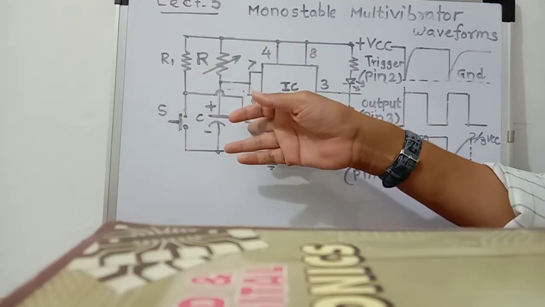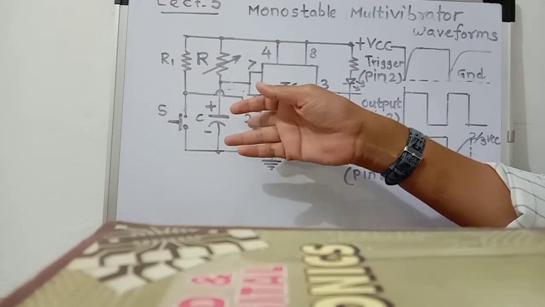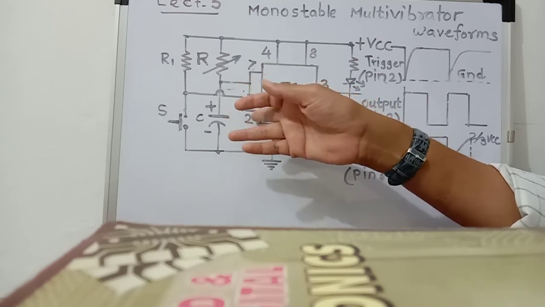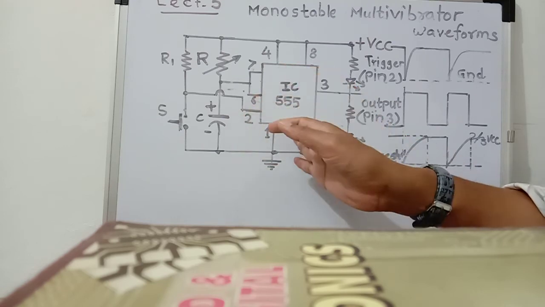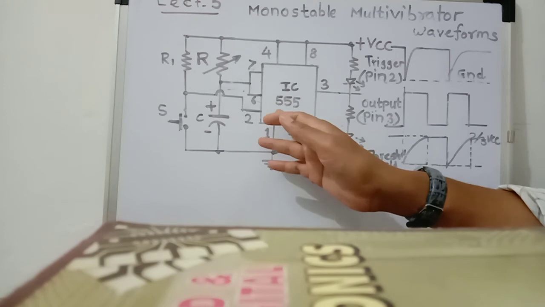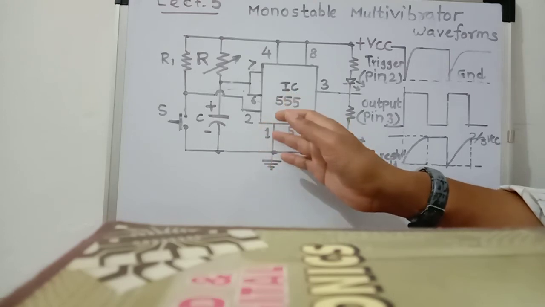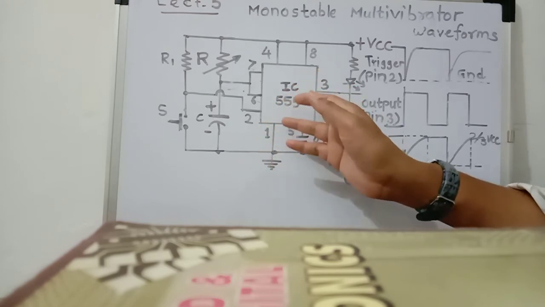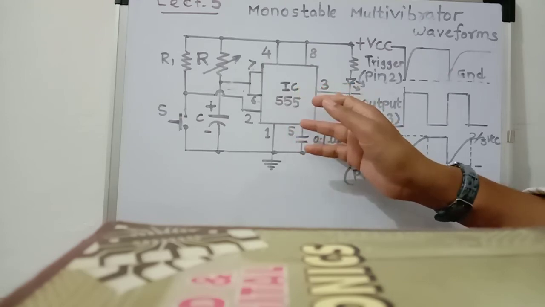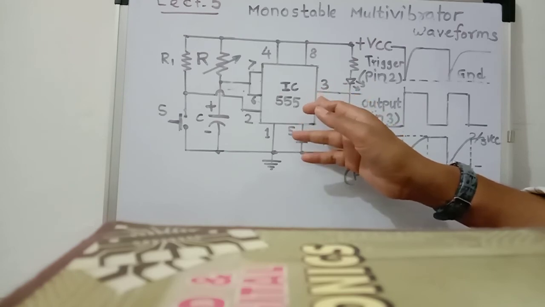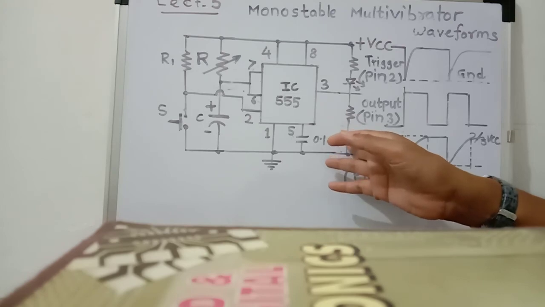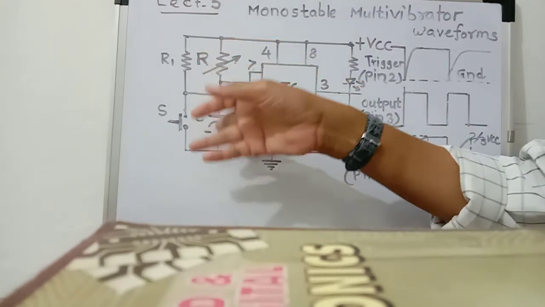Again, as it is less than 1/3 VCC, the lower comparator has high output which resets the flip-flop. Then again Q bar is equal to 1. Therefore, the output at pin number 3 goes high, because pin number 3 means Q bar output. So the LED again glows, and this on time of the LED depends upon the RC time constant.